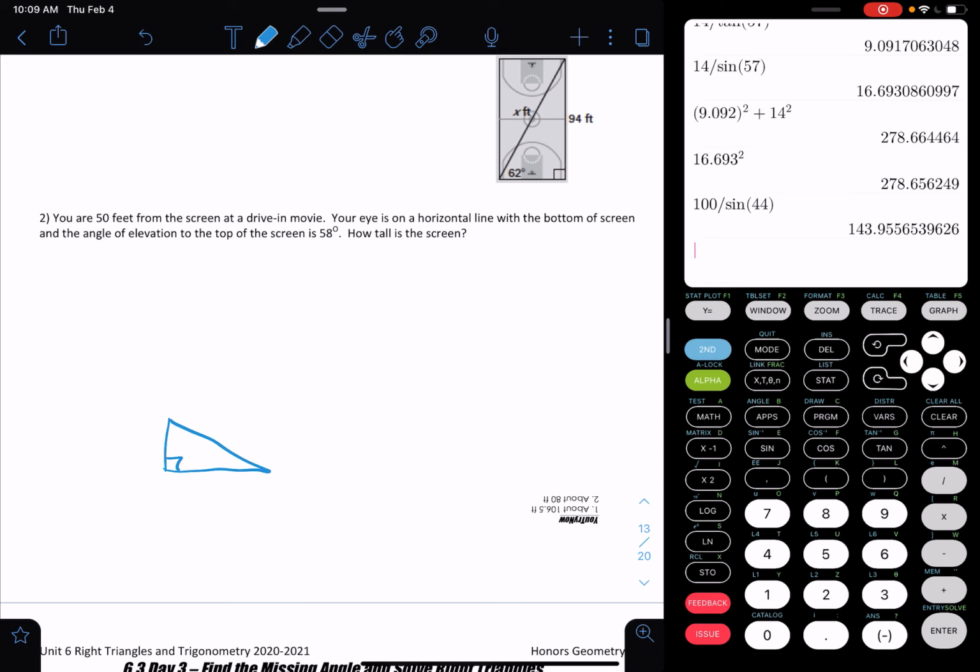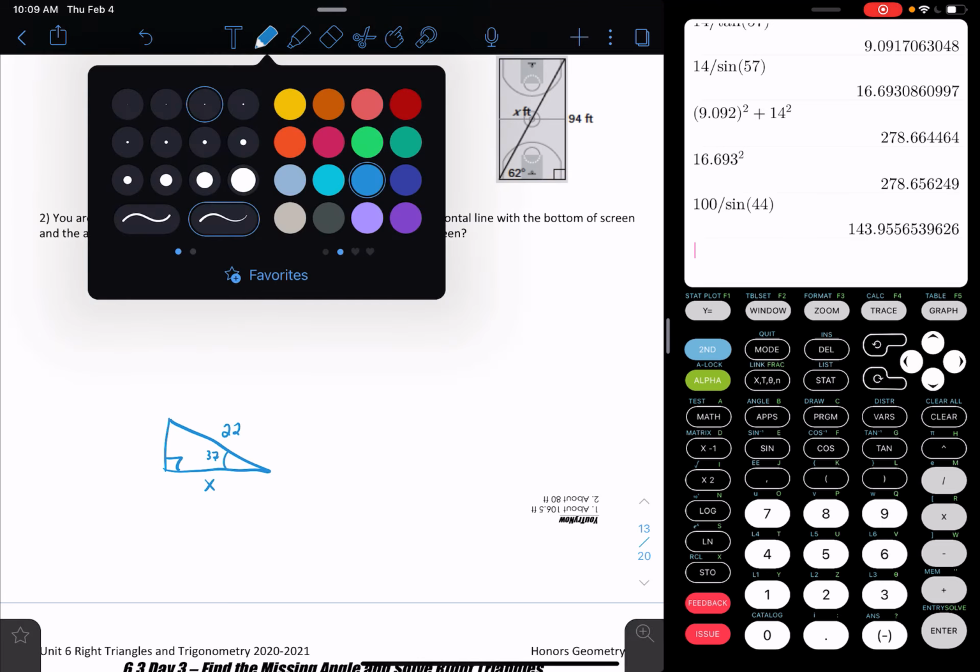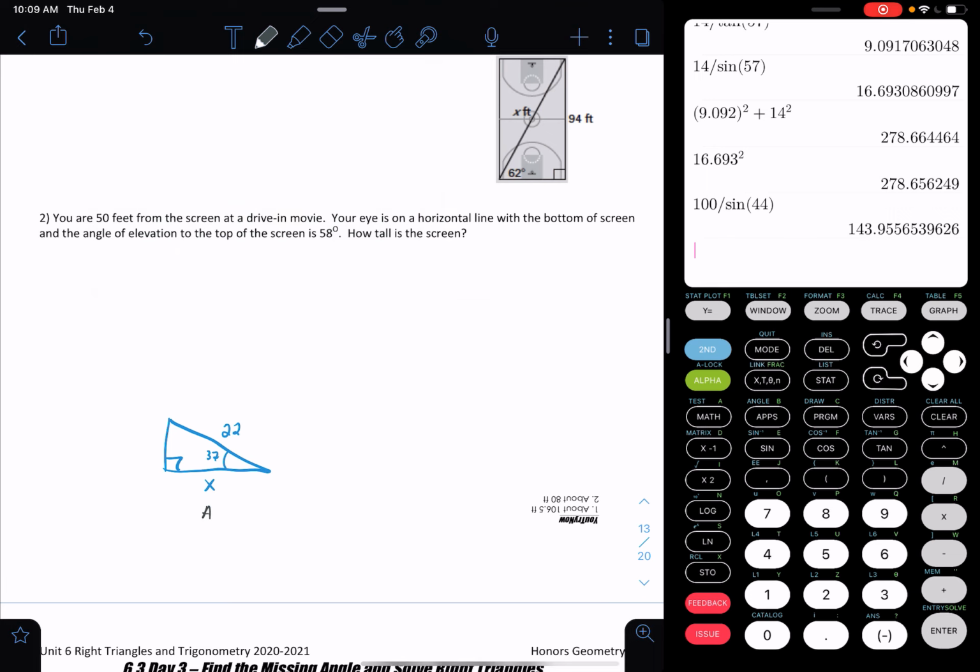So what if I had an angle here? Let's say this angle is 37 degrees. Let's say that our hypotenuse is 22, and we're trying to solve for this adjacent. Okay, so this is the adjacent, this is the hypotenuse. So that tells me I'm going to deal with cosine.